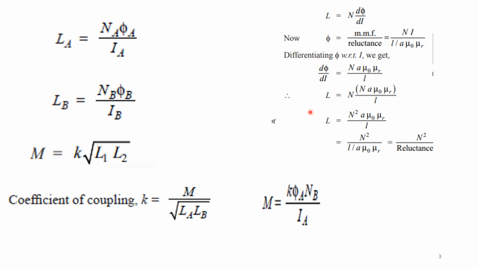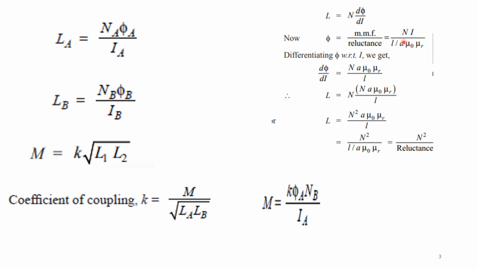This is just the basics of how we write L in terms of reluctance. L we can write as N square divided by reluctance. We get the equation L as N d phi by di, and from the flux equation, mmf divided by reluctance, that is N I divided by l divided by A mu naught mu r. Differentiating with respect to I, d phi by di, I becomes 1 now.